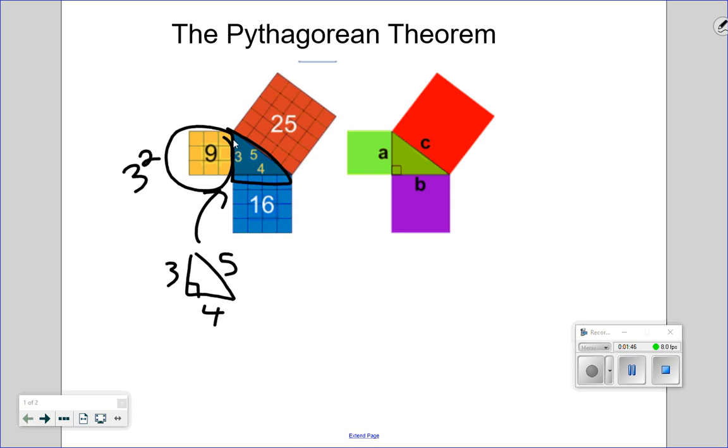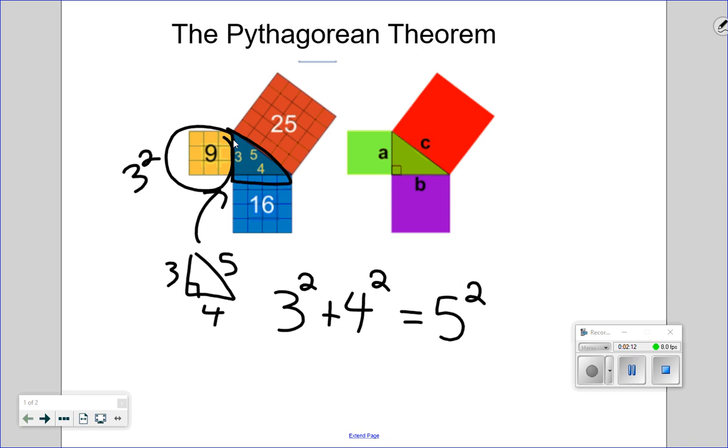That's why we call raising something to a power of 2 squaring it, because it forms an actual square when we draw it 3 by 3. So the square of these legs, so we have a 3 squared and a 4 squared. Those two added together will always equal the third side, or the hypotenuse, squared.